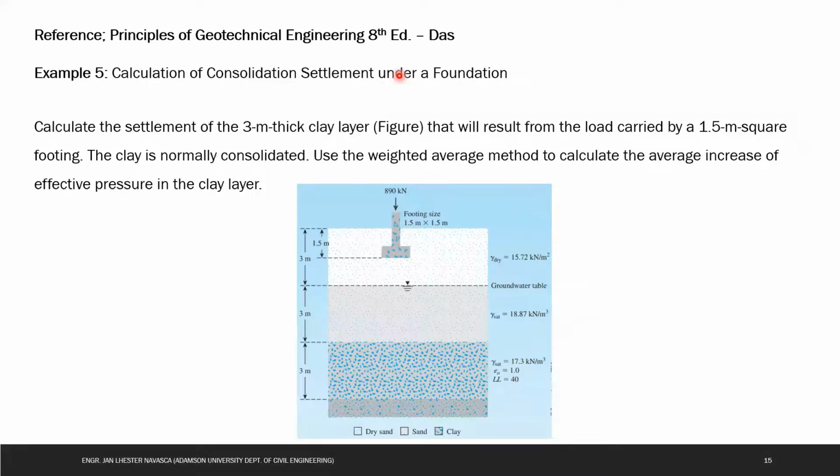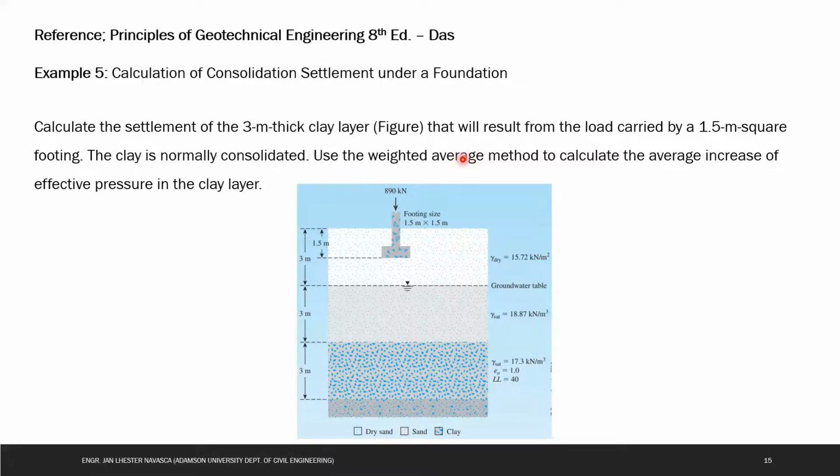Calculate the settlement of a 3-meter thick clay layer given in the figure that will result from a load carried by a 1.5 square meter footing. The clay layer is normally consolidated. Use the weighted average method to calculate the average increase of effective pressure in the clay layer.